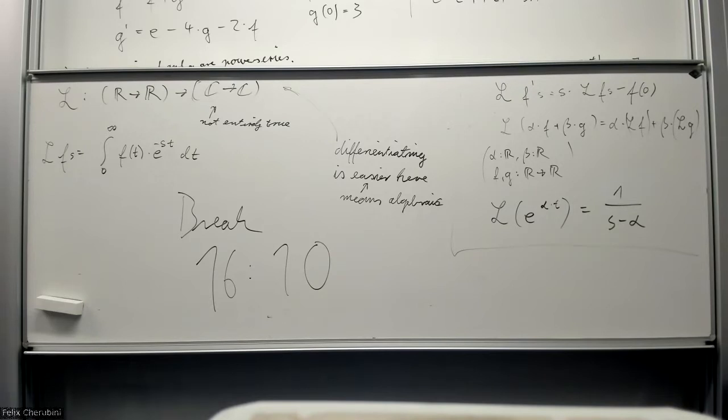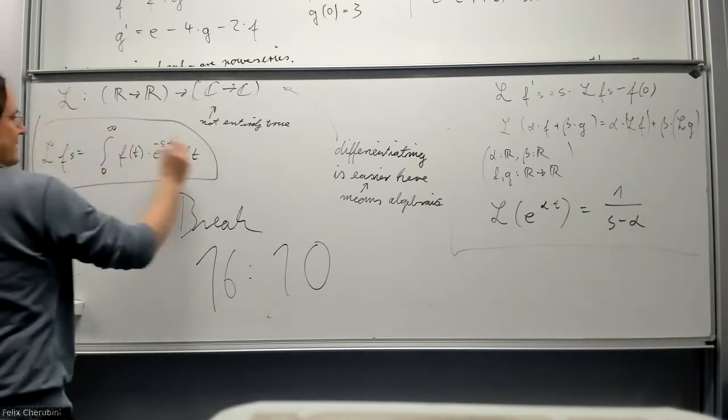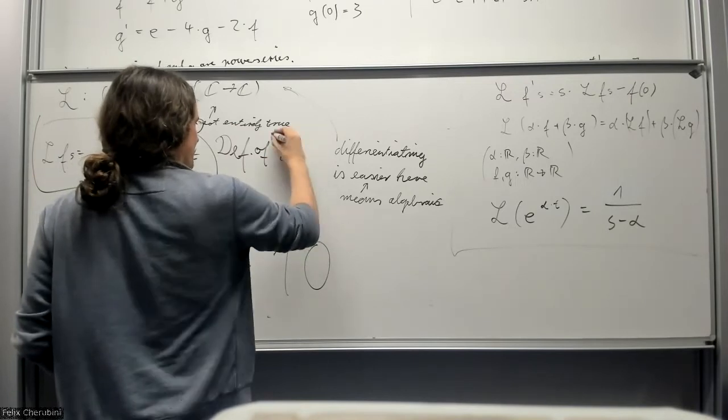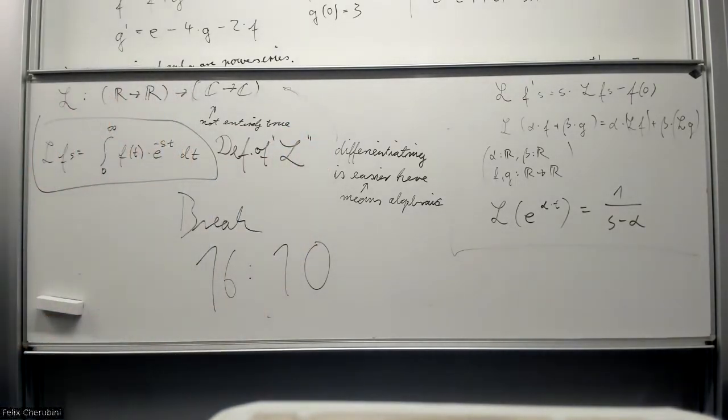More or less, this is the definition of the Laplace transform. And then the linearity is because integration is linear. You can do it yourself. Just derive all of them. I don't know how hard they are, but I guess linearity is okay.